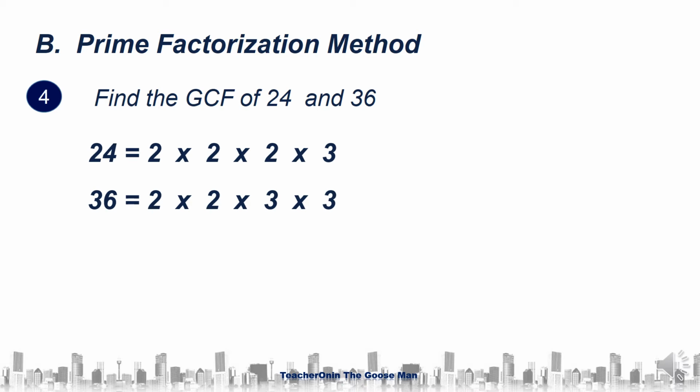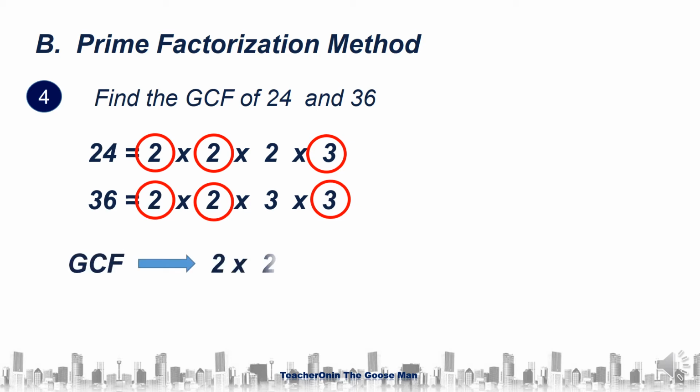And then we will encircle the common factors. Take note that for 24 and 36, the common factors are 2, 2, and 3. So we get the product of 2 times 2 times 3. So the greatest common factor is equal to 12.